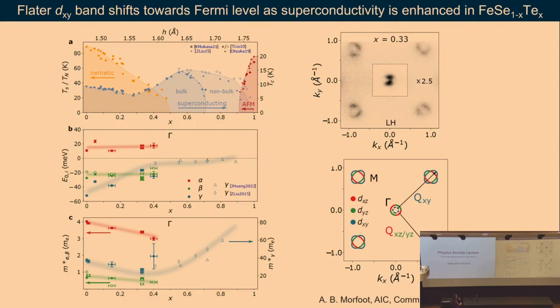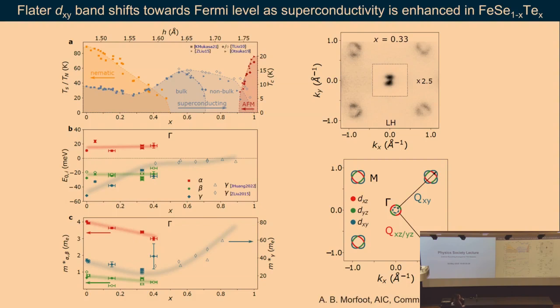So we could follow the behavior of the different bands. One aspect which we found quite unusual was that the most correlated band, the one with dxy character, the blue band here, was very low inside the nematic phase, but was shifting towards the Fermi level exactly when the superconductivity was getting enhanced.